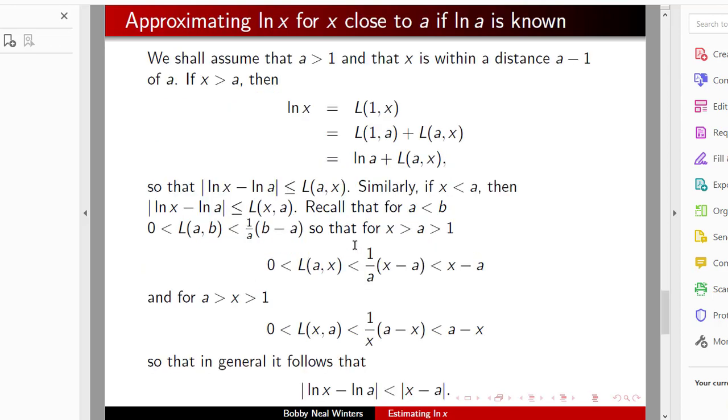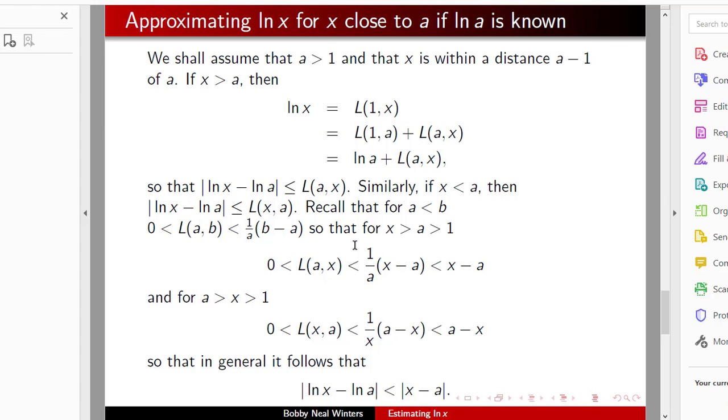The last 2 slides, we're going to set up for something that's ahead of us. We're set up for the concept of a continuous function. And I wanted to do it again in terms of approximation. And so let's suppose that we have a number a that's bigger than 1 and a number x that is within a distance of a minus 1 of a.